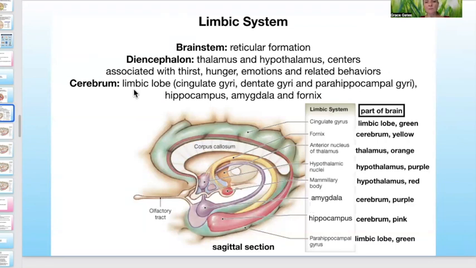In the cerebrum, the limbic system has the limbic lobe, which in this picture is the pale green, and there are different parts of the limbic lobe, the cingulate, dentate, and parahippocampal gyri. But just big picture, the limbic lobe is the pale green.